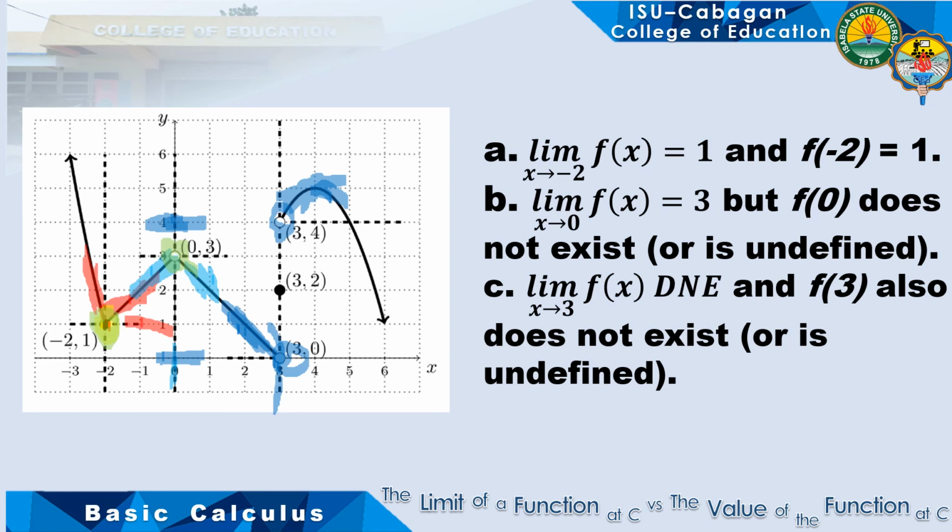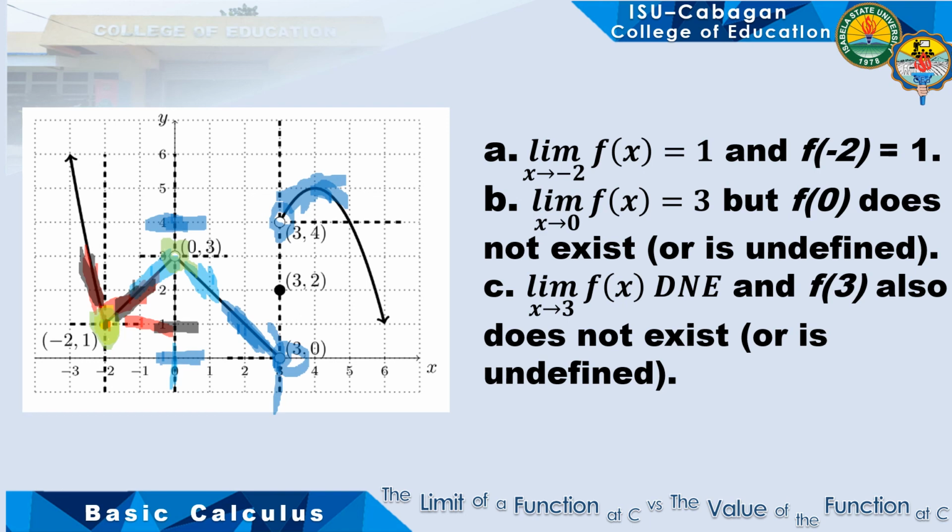So, malalaman natin ang limit ng function through graph kapag titignan natin kung anong value ang kanilang ina-approach. So, dito, sa negative 2, habang ina-approach nila si negative 2, ang value ni y ay 1.